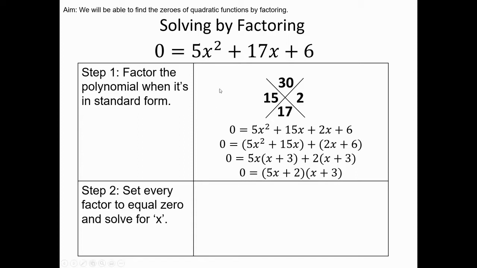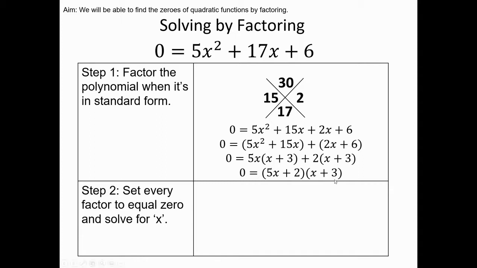But now, think of it this way, guys. We're going to figure out what the answer is for x because we have two things multiplying to get 0. What times what is 0? 5 times what is 0? Isn't 5 times 0, 0? 10 times 0, 0? 100 times 0, 0?